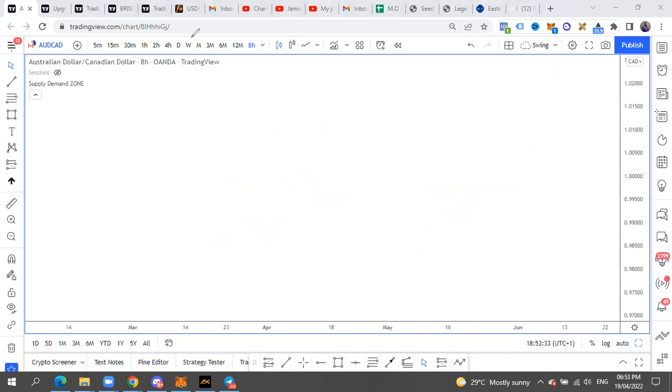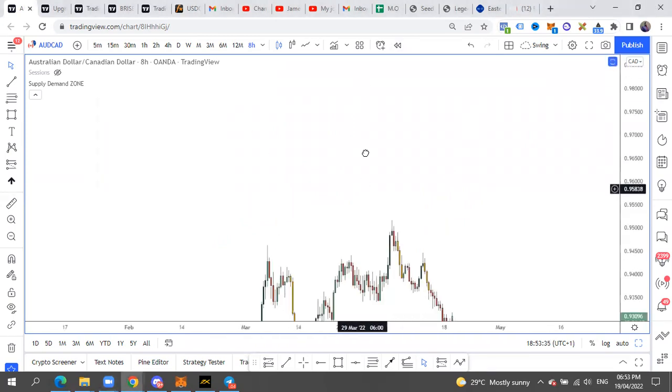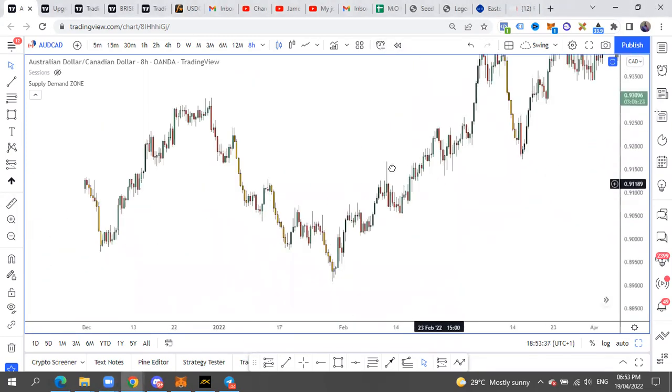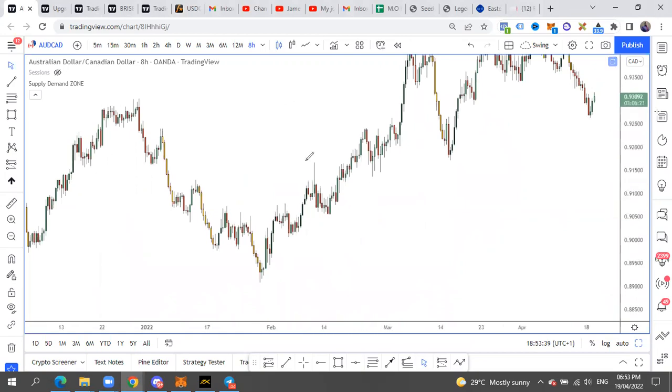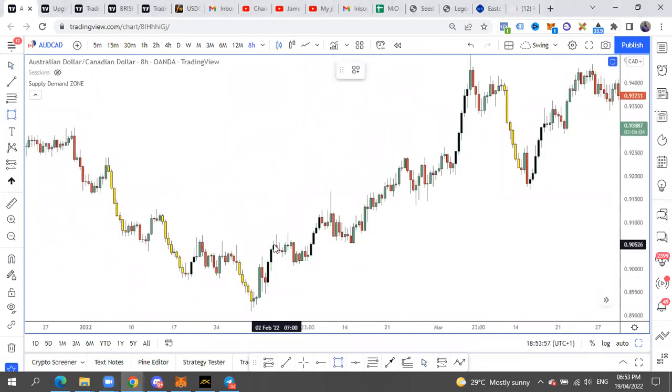So you want to look for the case study. Let's identify one. Look at this. The market has shown clarity that it is going up. Look at it. Higher low, higher high, higher low, higher high. So this resistance, this zone, becomes the flip zone.